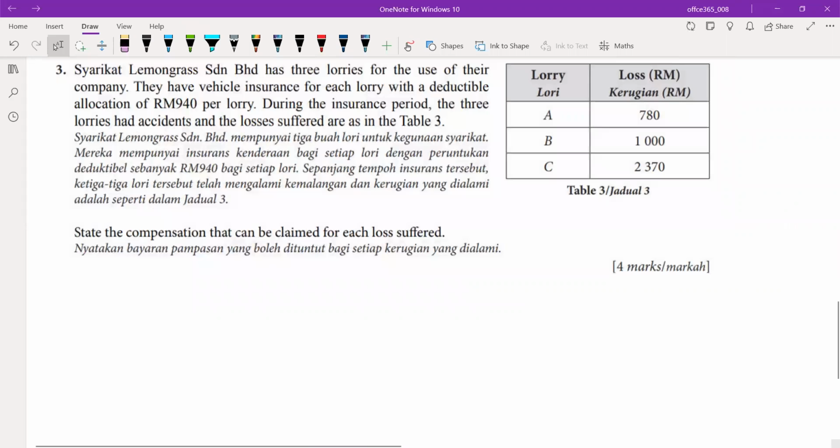Okay, for the question, look at this 4 marks question, lemongrass.